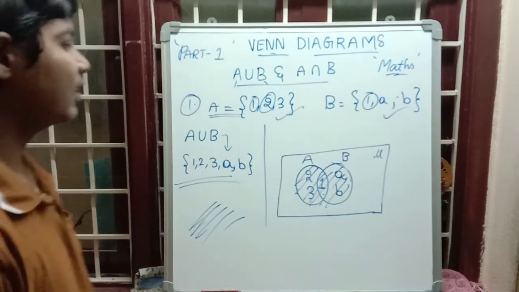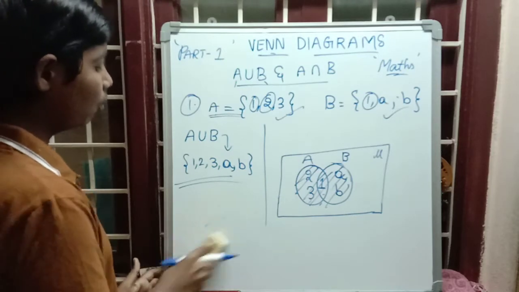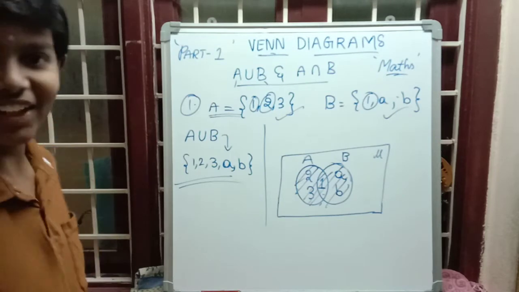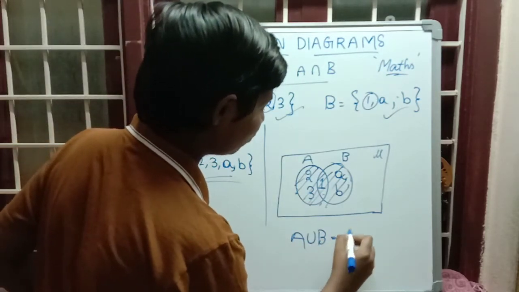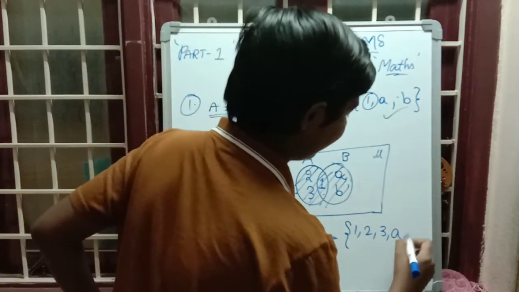By that we can understand A union B. From the Venn diagram we have to know the answers. A union B equals 1, 2, 3, a, b.